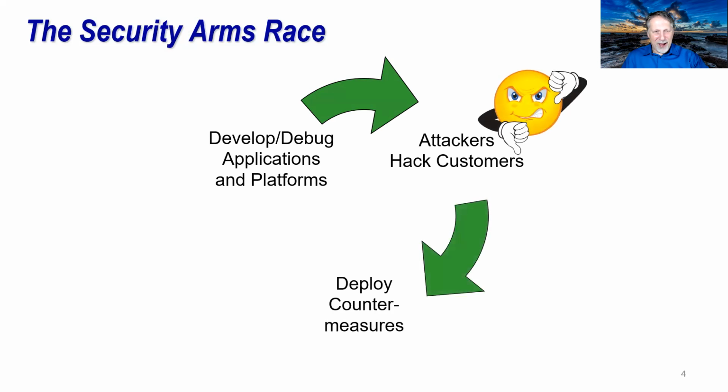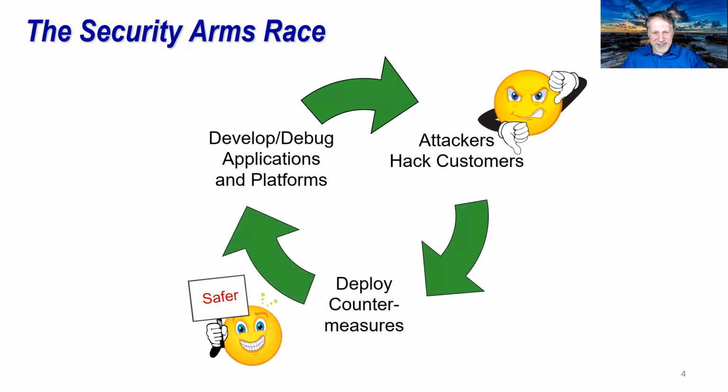We then figure out how they were hacked, and we deploy countermeasures in software and hardware to stop those attacks, and the system becomes safer. And we once again go around this circle. The attackers then look for other vulnerabilities, and until we find every last vulnerability, we're going to keep going around this circle. So really, security is not a destination. It's a journey. It's an endless journey.